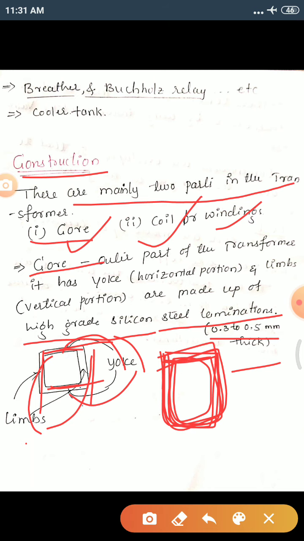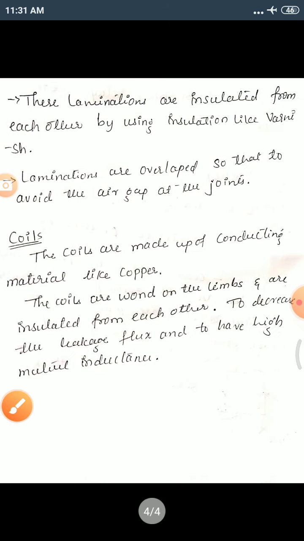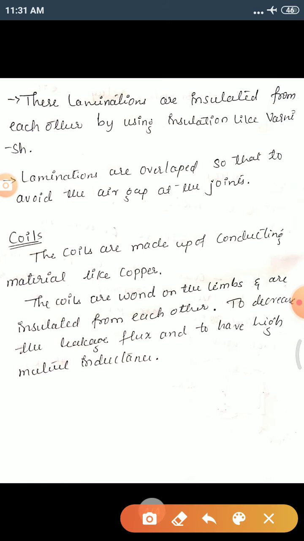Each lamination is also insulated, with varnish and the like. The laminations are overlapped one over another, to avoid air gaps at the joints.